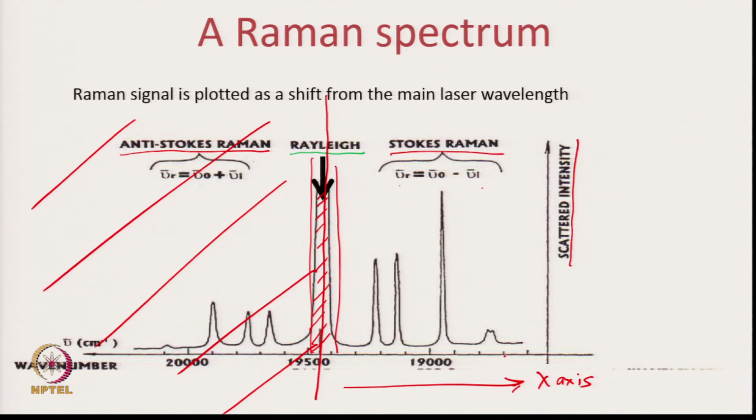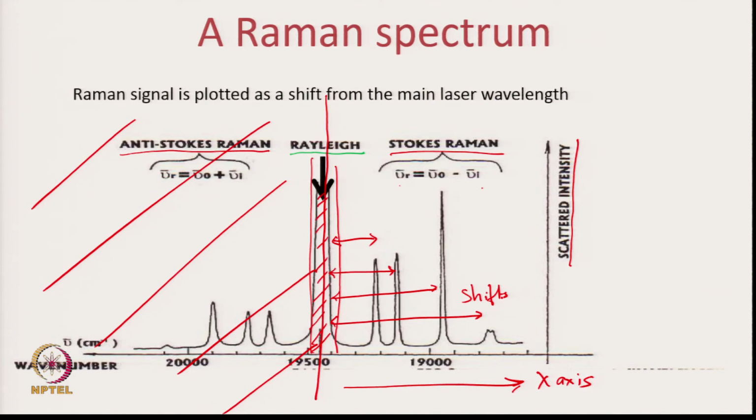So, what you can see here is a shift, a change from the main peak to another peak. So, these are called shifts, these are wave number shifts, and these wave number shifts are actually characteristic of the vibration of that molecule.